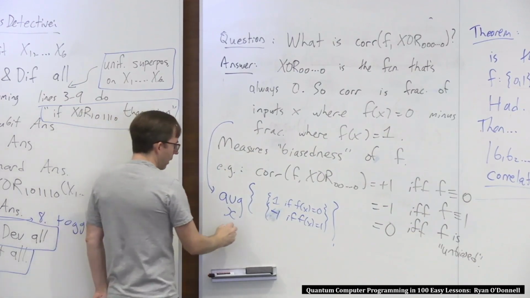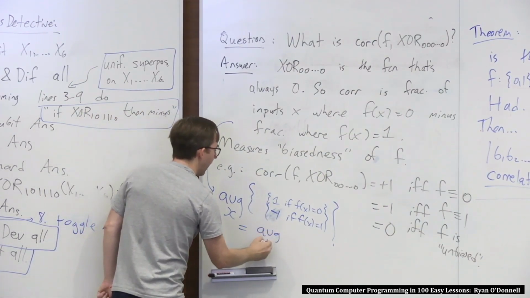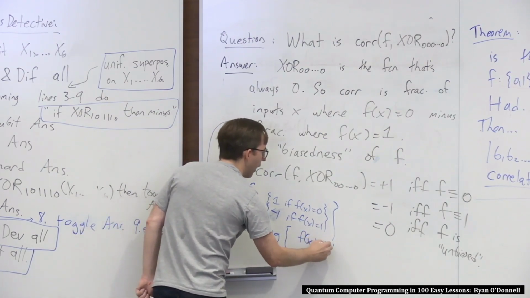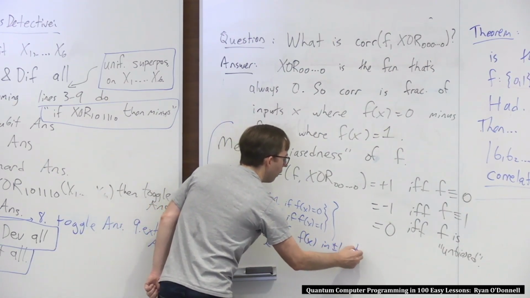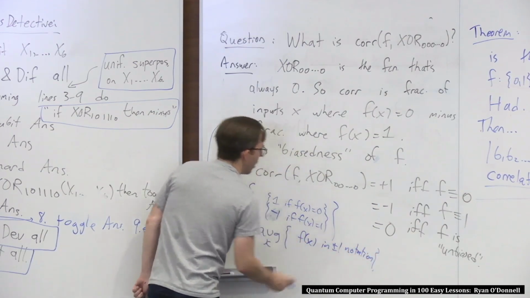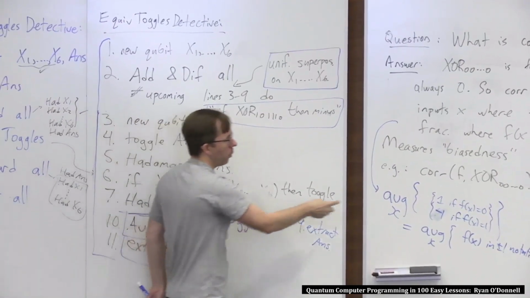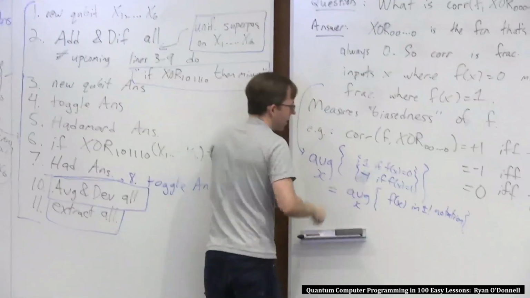But this is equal to the average over x of f of x in plus or minus 1 notation, where minus 1 corresponds to output 1 and plus 1 corresponds to output 0.